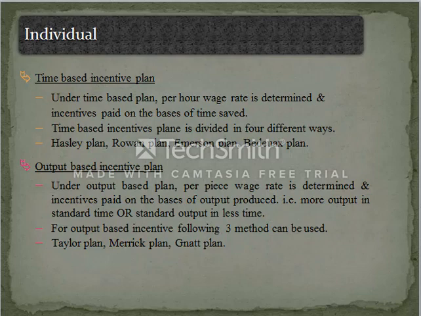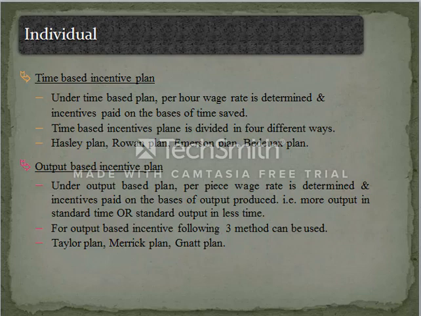Time based incentive plans are divided into four categories: Halsey plan, Rowan plan, Emerson plan, and Bedaux plan. See, these are the plans that help in calculating the various incentives for the employees.